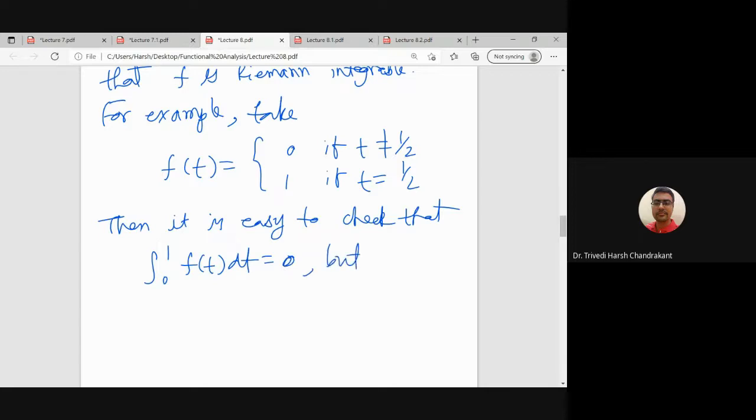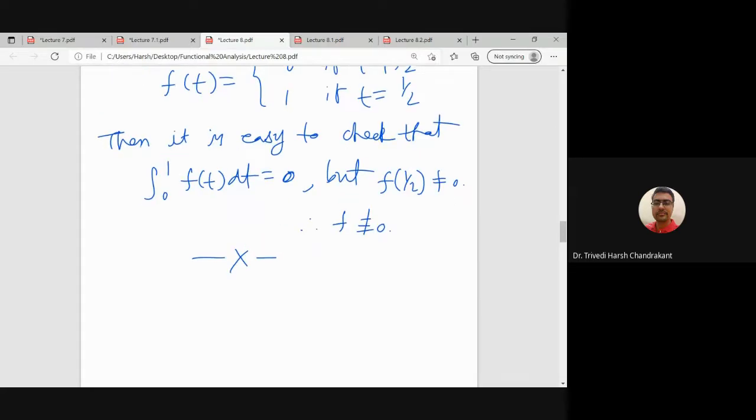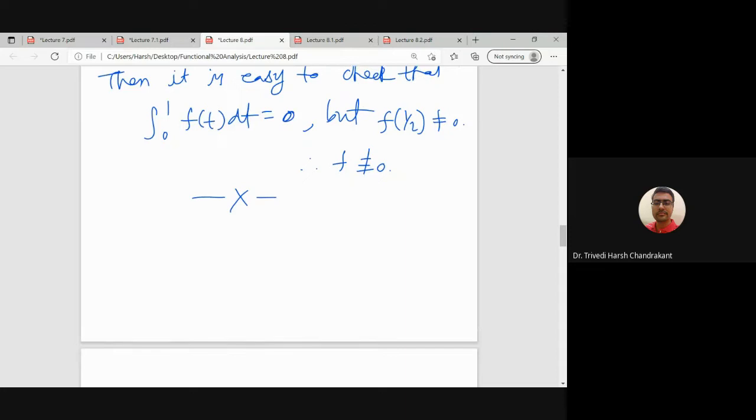But this function is not identically 0 because f of half is non-zero. So basically f is not identically 0. You must be knowing all these examples, but they are the standard examples.